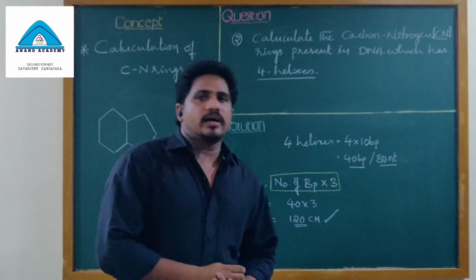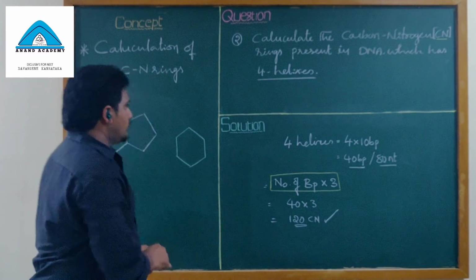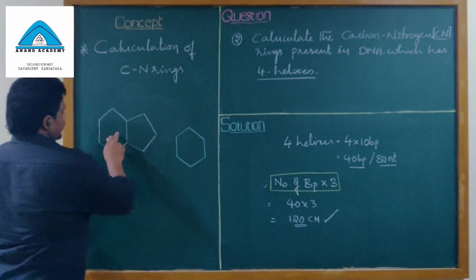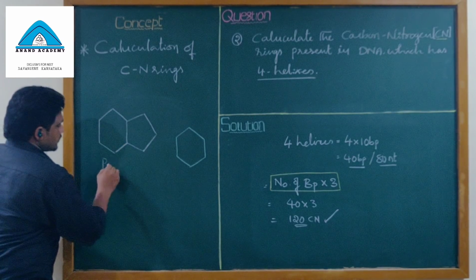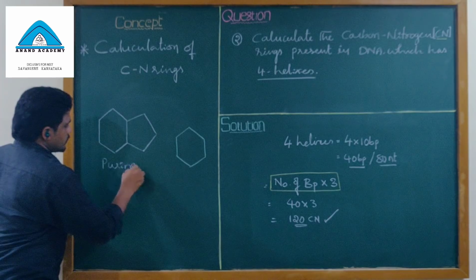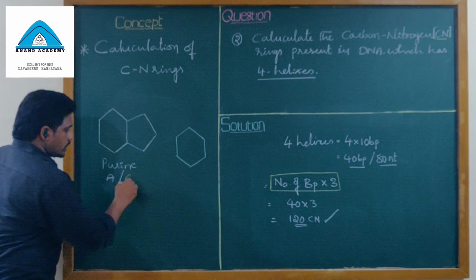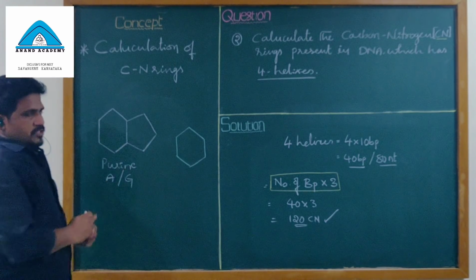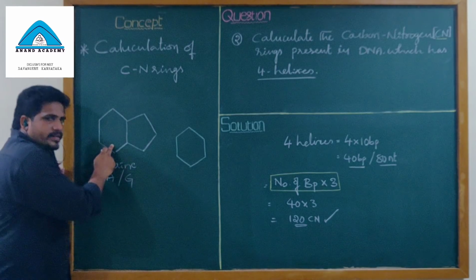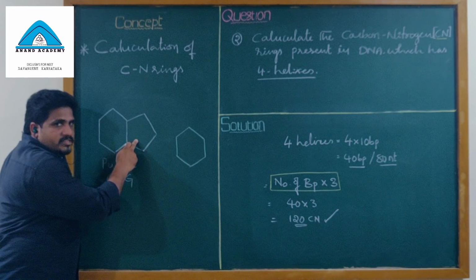Why should we use that formula? Let us see. CN ring. If it is a purine, purine means either adenine or guanine. They have 2 ring structures. One is the pyrimidine ring structure, another one is the imidazole ring structure.